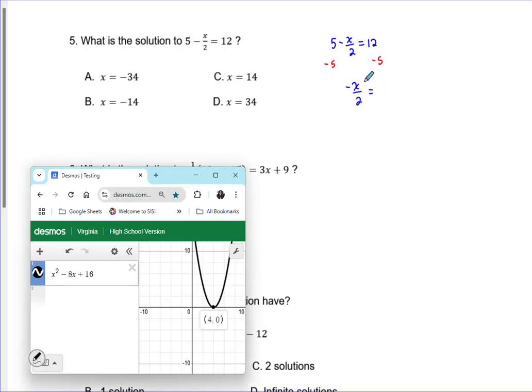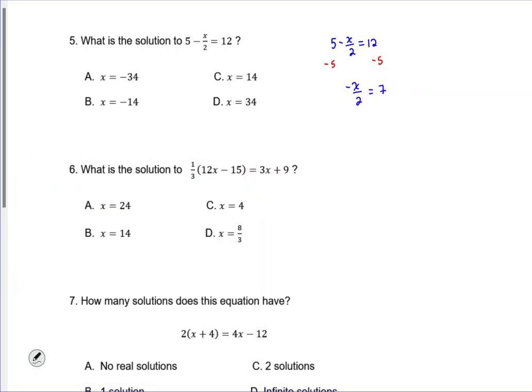And then here, to get rid of the 2, I will multiply both sides by 2. So that would cancel it out. So you have negative x equals 14. And then you can put the negative on the other side. So that's negative 14.